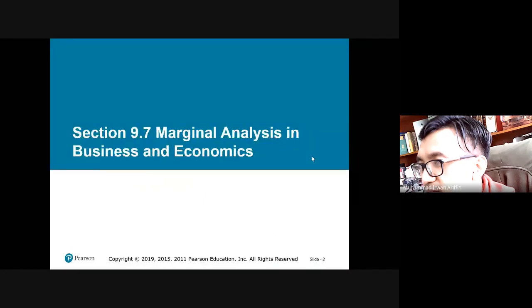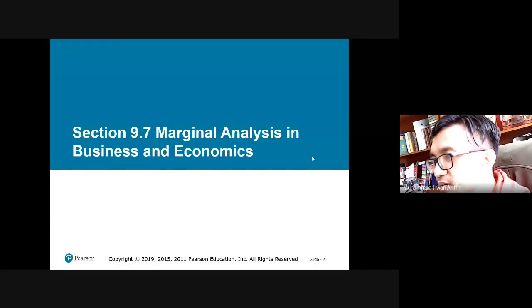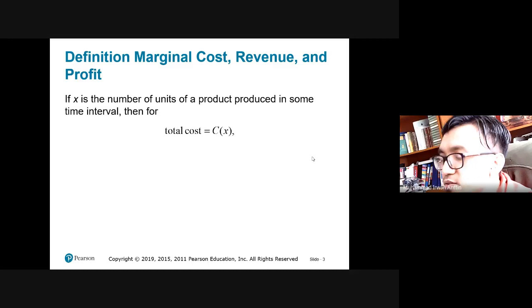The last section of chapter 9 is basically the applications. So how do we apply this concept of derivative, limits, and differentials in business and economics? If you recall the technical definition, we are investigating the change in two things.